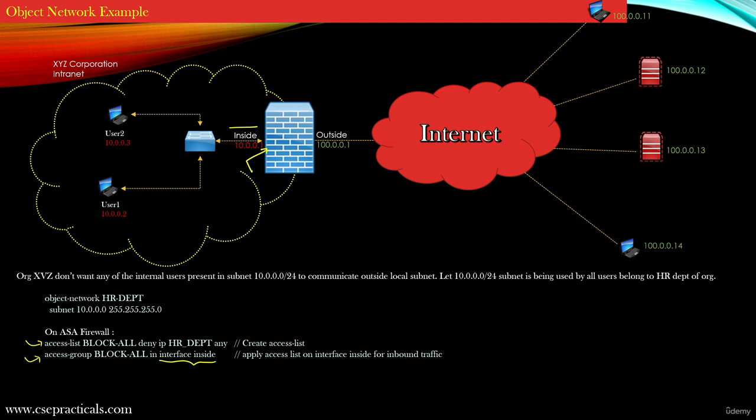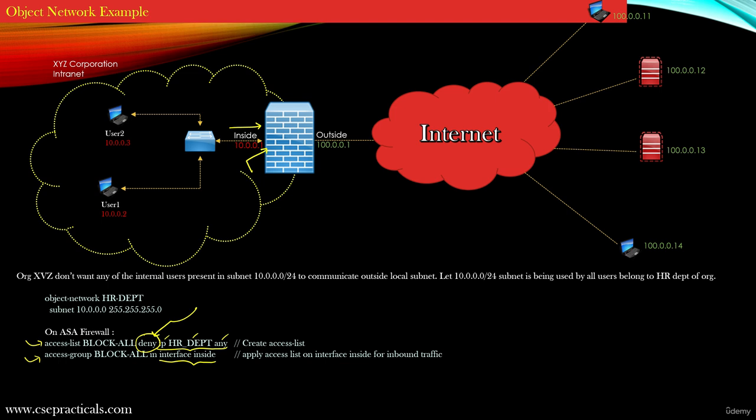So it means that any packet which ingresses on this inside interface of the firewall would be evaluated against this access list. And if this packet satisfies the following three constraints of this access list, that is, the packet should be an IP packet, the source address must belong to the HR department, and the destination address could be anything, then the packet would be rejected or dropped by the ASA firewall.